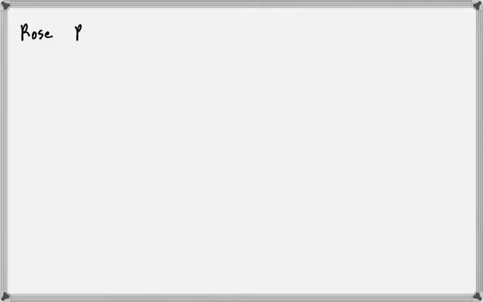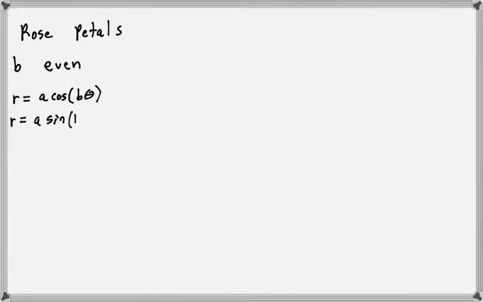So Rose-Petals. If your b is even and r equals a cosine of b theta, or r equals a sine b theta, then the number of petals you're going to have is going to be double that.